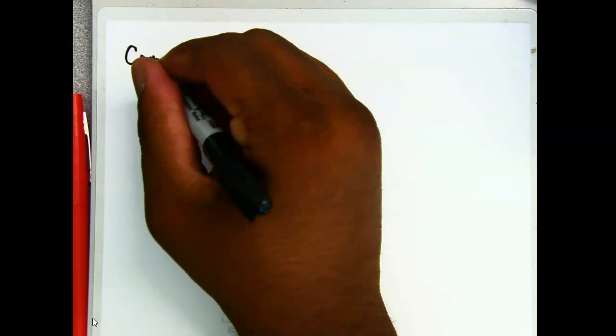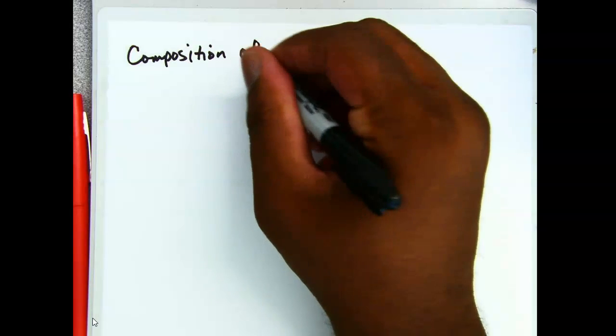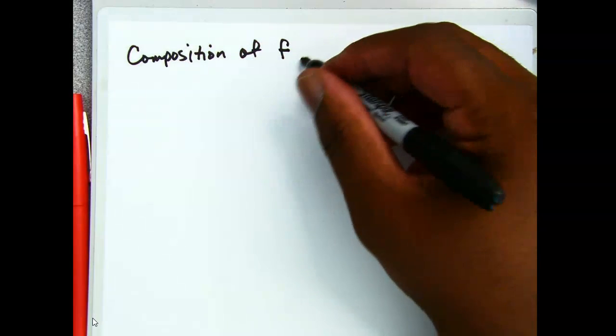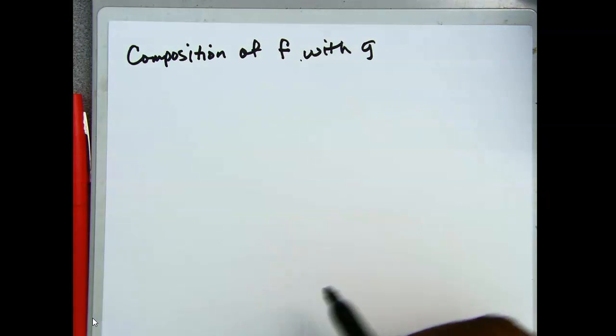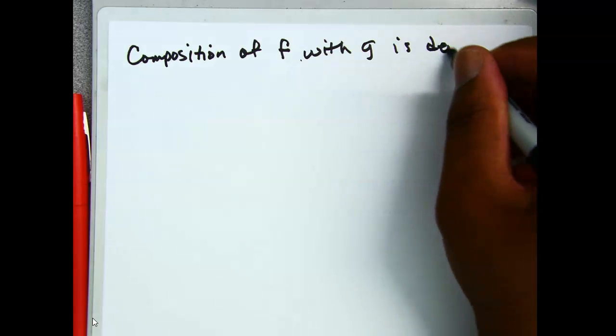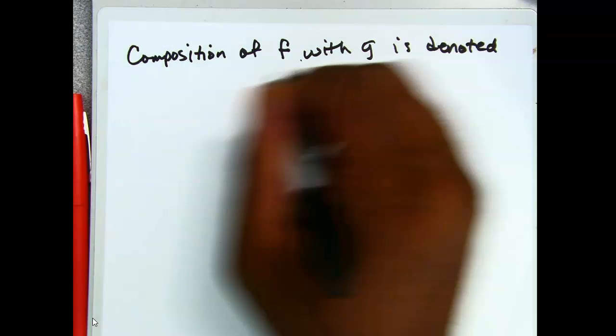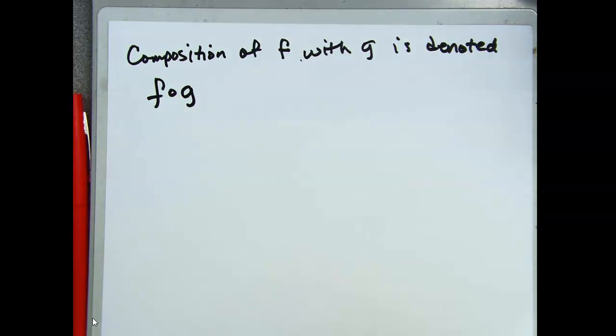Okay, so the composition of the function f with g is denoted f of g.